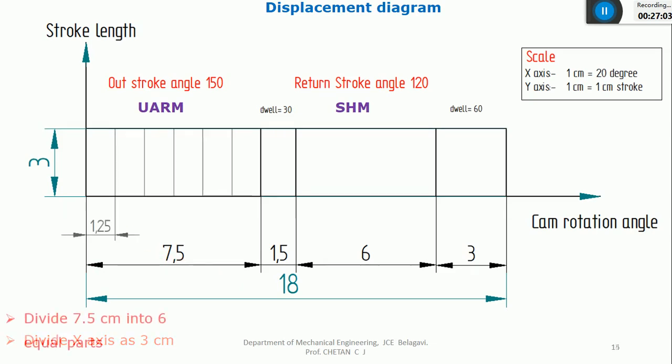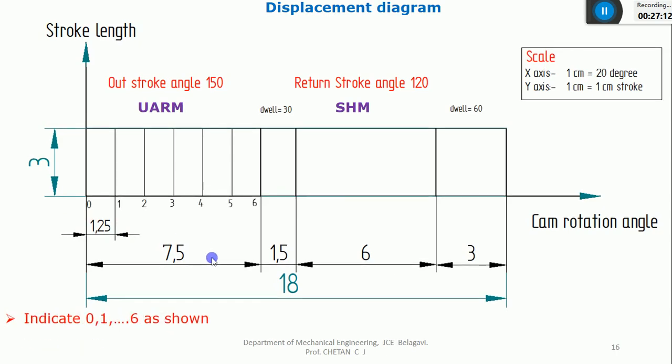Correct, 1.25. It means each division will be 1.25. After that, I'll give the namings 0, 1, 2, 3, 4, 5, 6, which indicates the 6 equal parts.